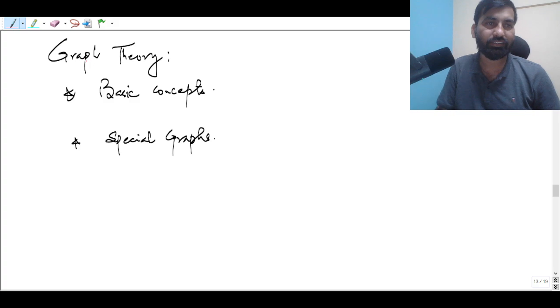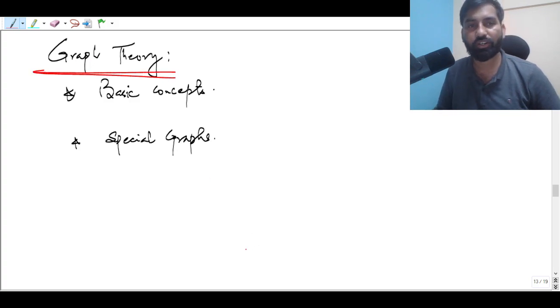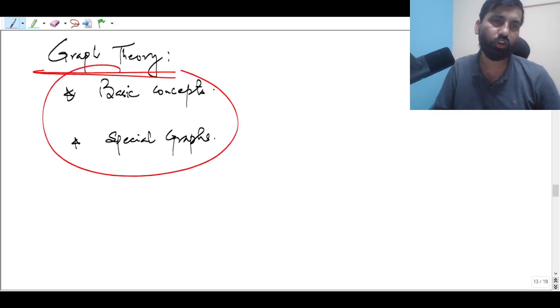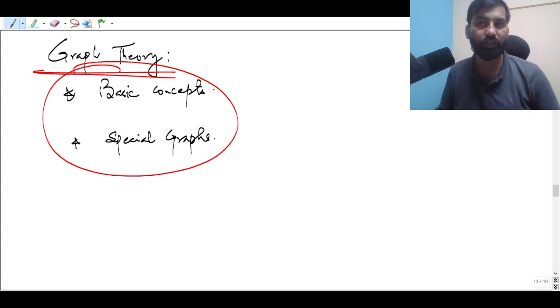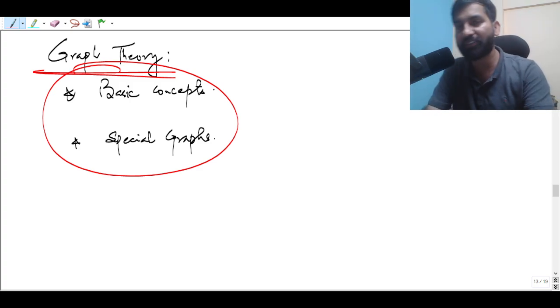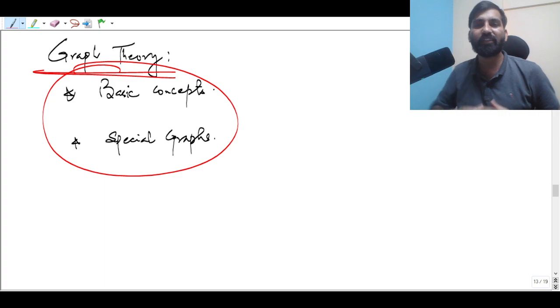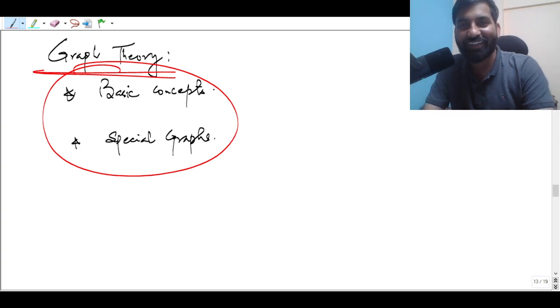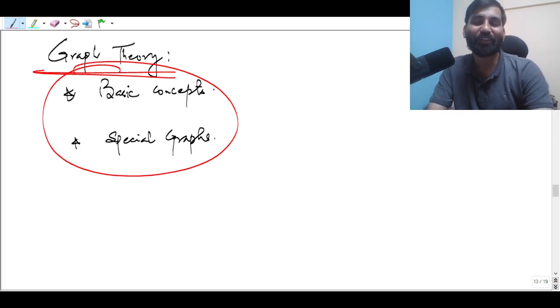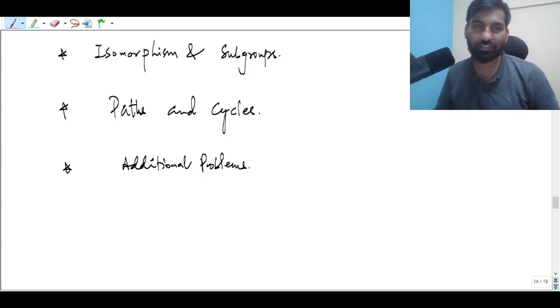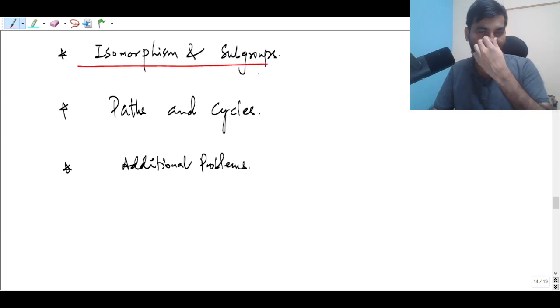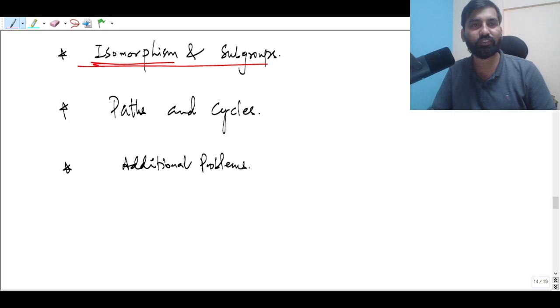And then we will start graph theory. Under graph theory we are going to talk about some of the basic concepts, basic terminologies, and why we need graphs. Graph theory is one of the important concepts. So basic graphs, special graphs, and then I will introduce the concept of isomorphism and subgraphs. What is this isomorphism?